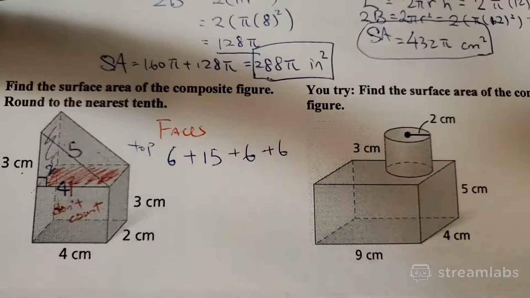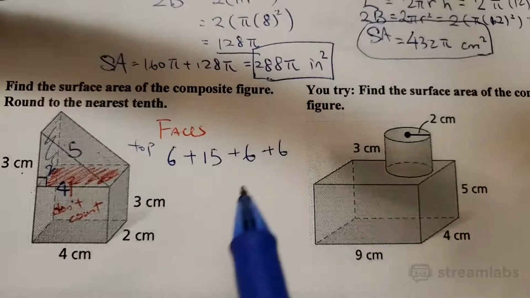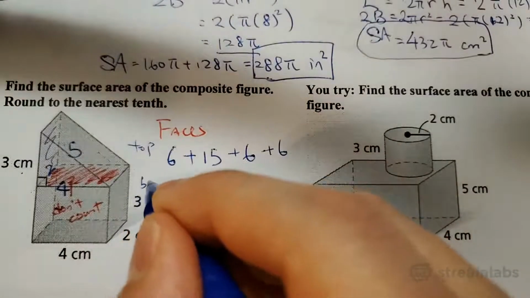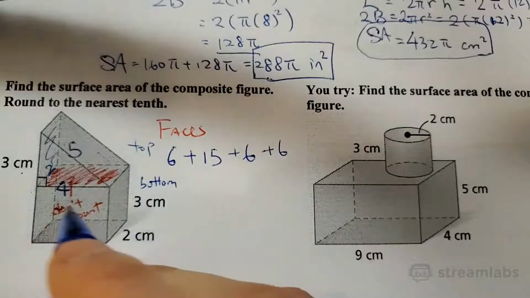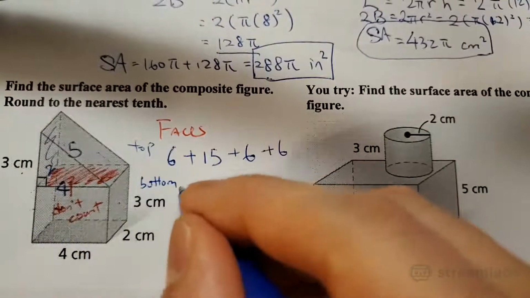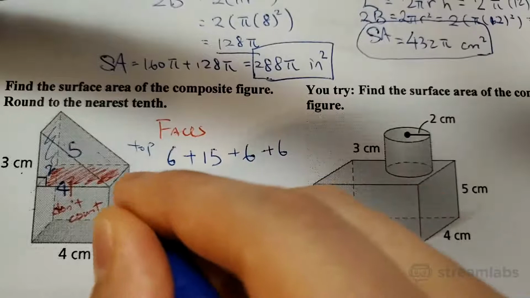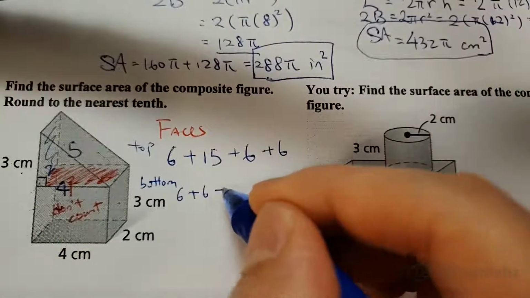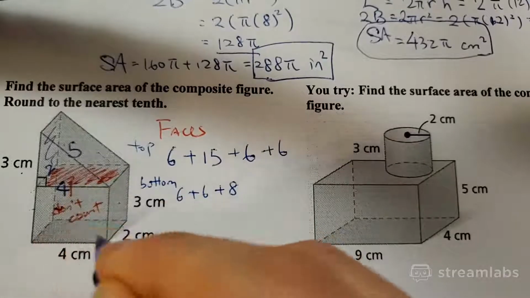Normally a triangular prism has 5 faces. I only count 4 because the bottom doesn't count. So it'll be 6 plus 6, I'm doing this part first. And then 8. There's no 8 on the top because I don't count the top.